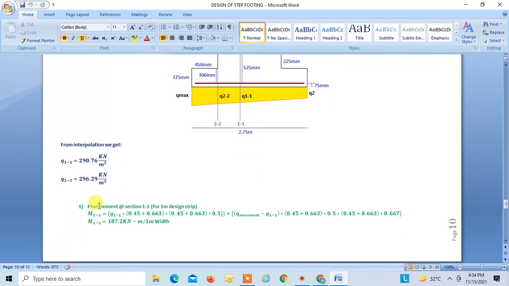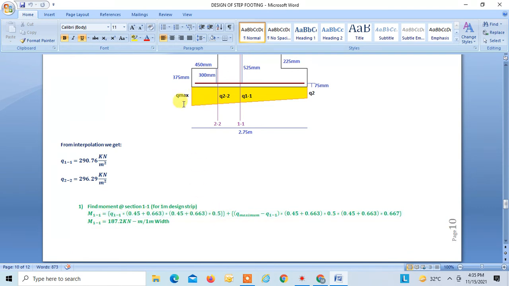Now let us find the moments about section 11, which will give us moment 11. So this you can subdivide into two parts. One is rectangular part and another is triangular part. The moment due to this rectangular part of the upward soil pressure, you will get this formula.